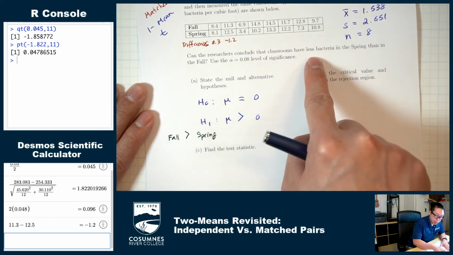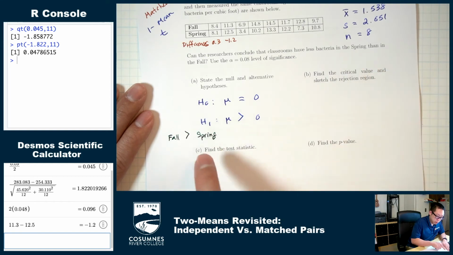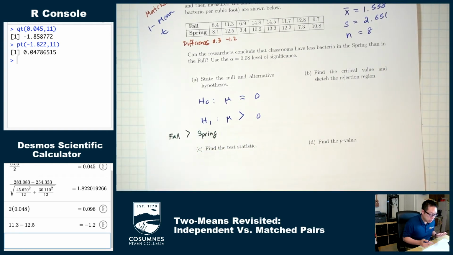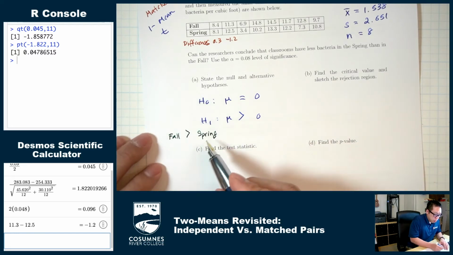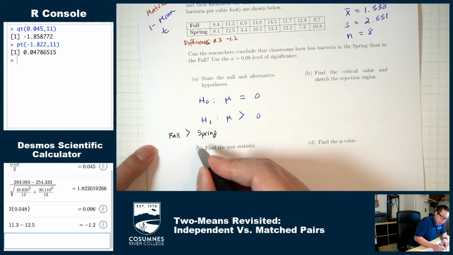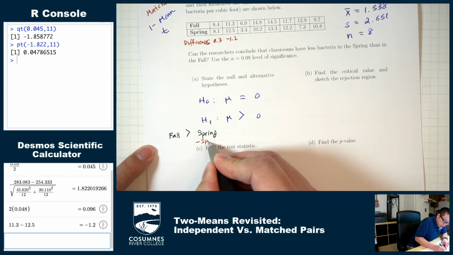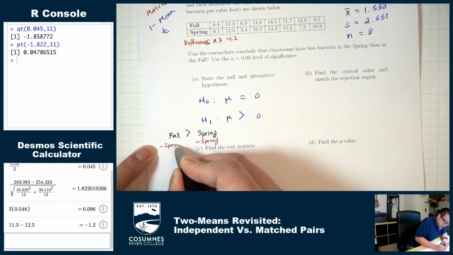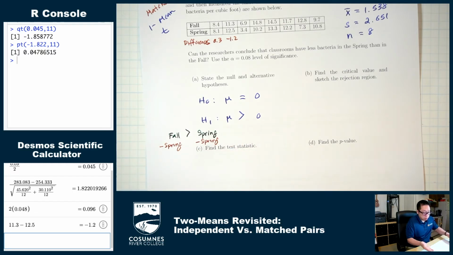Less bacteria in the spring, so the spring is less than the fall. Now, what we're actually doing here is moving everything to the left side. So doing algebra, moving things to the left side. We are subtracting the spring to the left side. Now, the left side is fall minus spring.